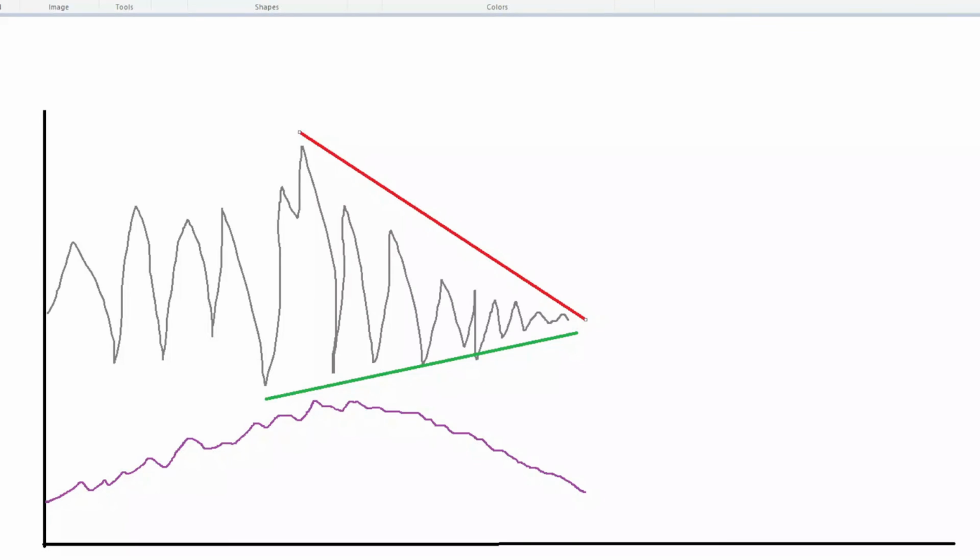Here we have the case of converging trend lines. The purple is volume. Typically, as volume increases, because more buyers and sellers, more swing in price, typically, not always. But the fact is that these two lines are converging.